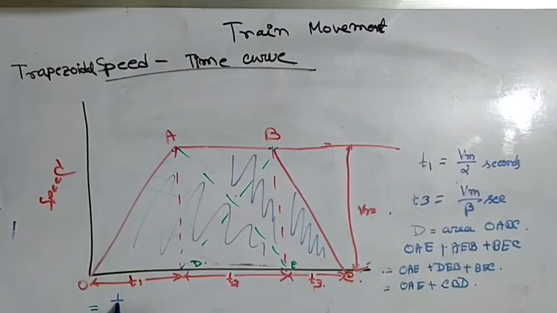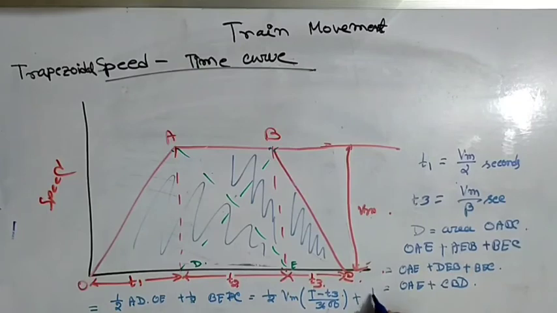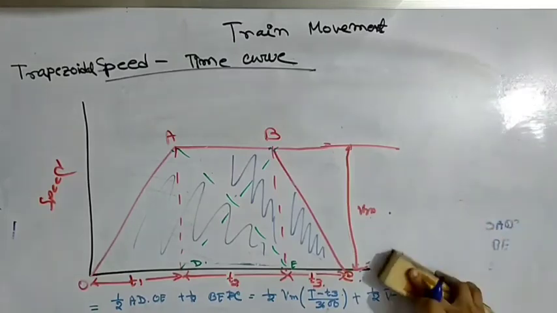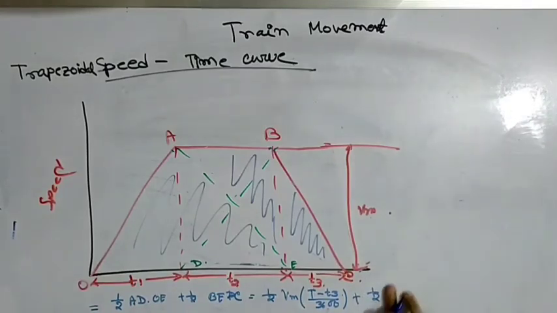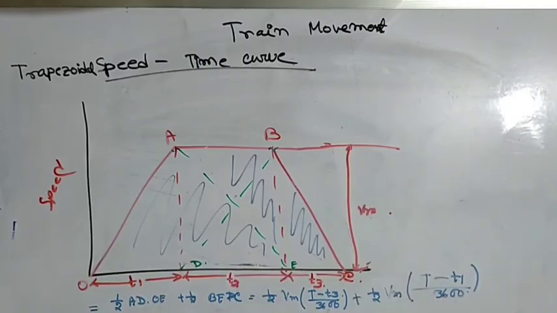Now this is equal to half AD into OE plus half BE into DC, and this is equal to half Vm (T minus T3) by 3600 plus half Vm (T minus T1) by 3600.